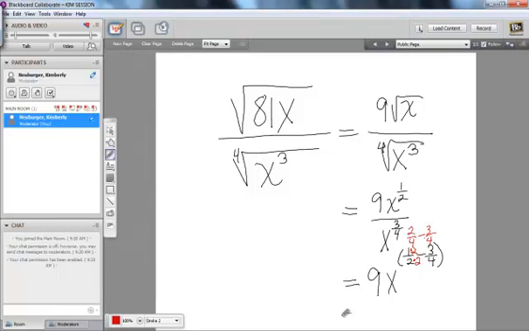That's going to make this 9 times x to the 2 minus 3, which becomes -1, so -1/4. Using our negative exponent rule, we will take our x and put it to the bottom and make that a positive, and then we can go back to radical form, making this a fourth root of x in the denominator. So previous problems where the radicals were not the same root, since we have this fractional exponent rule, we are now able to actually do those.